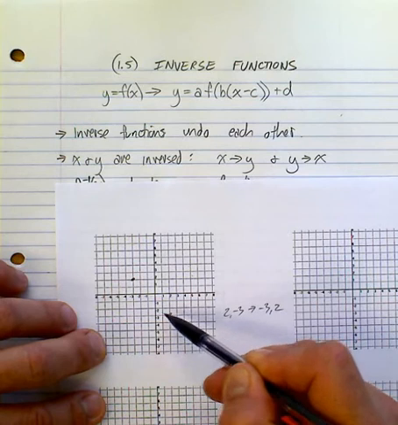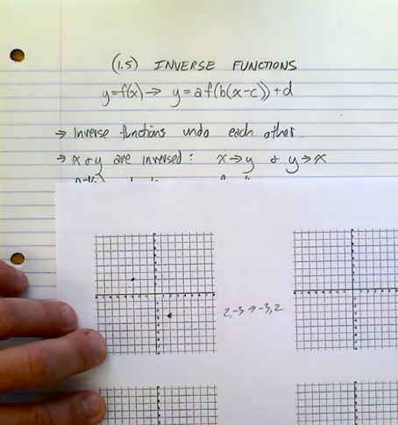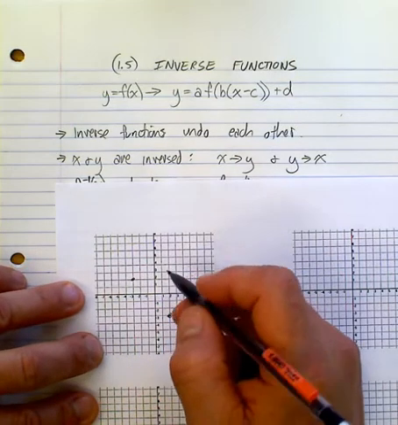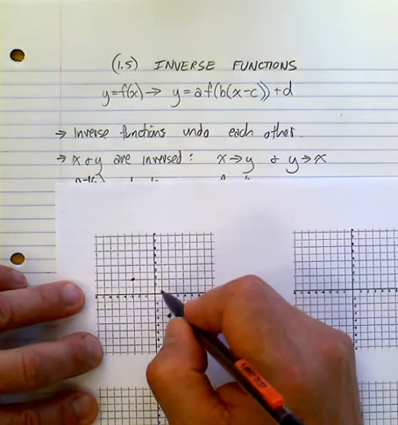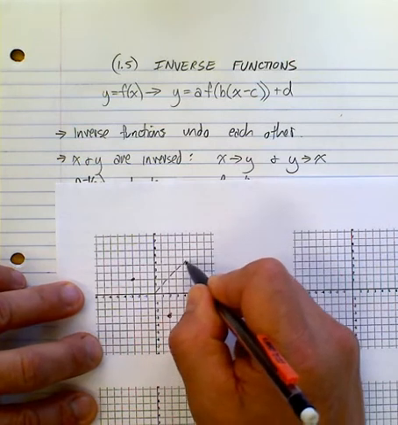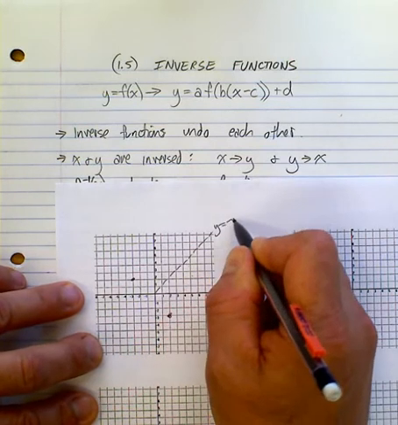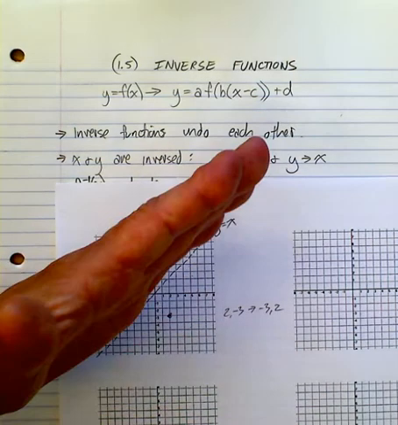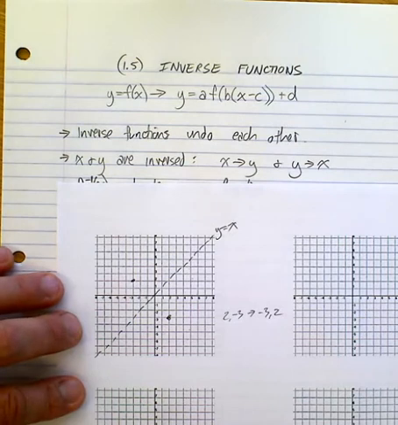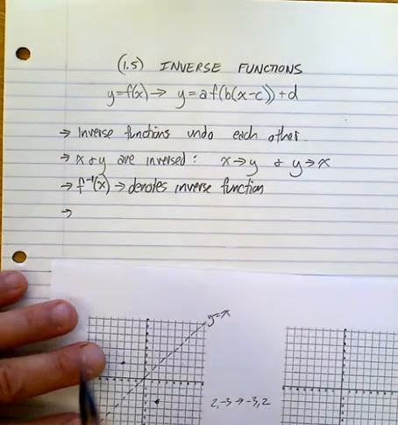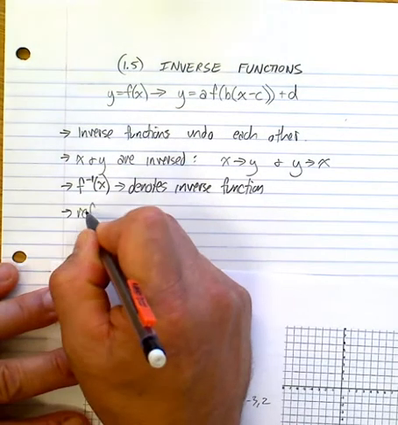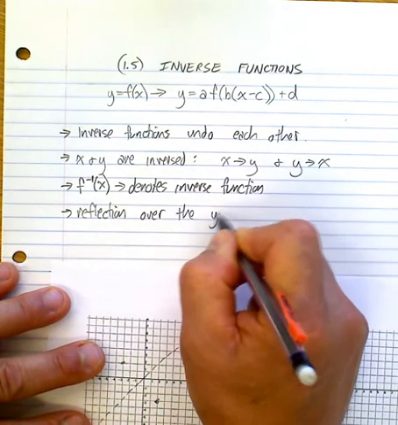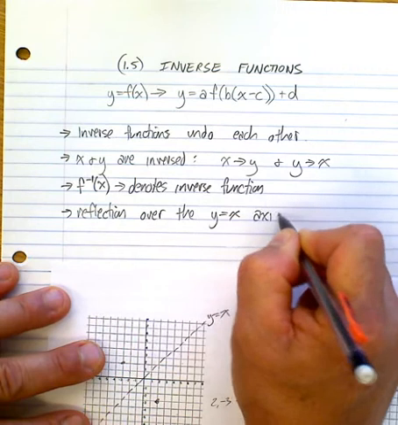It's a sort of a rotational thing, but basically what happens here is that it's a reflection over the y equals x line, and that would be this line that runs right up here. This is y equals x, all the way down here. And if you put a mirror here, you can see that the reflection would end up over there. So a big part of this is that it's a reflection, okay, over the y equals x line.